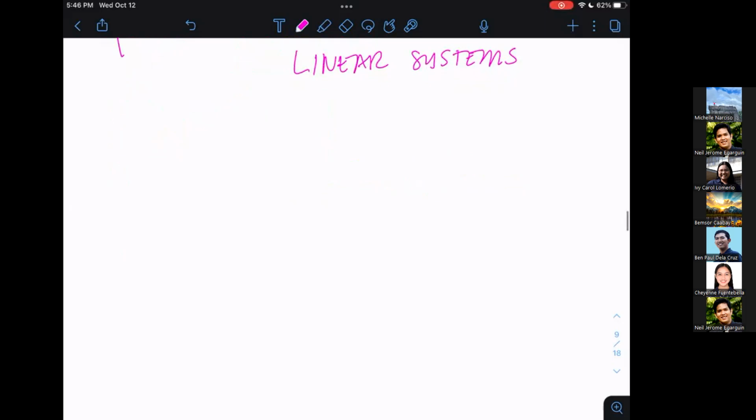systems. Now, if we assume that we have a square system, meaning we have the system AX equals B, where A is an n by n matrix. Okay, that means X and B are both n by 1 vectors, right? So n by n dapat n by 1 tapos n by 1 din yung kabila, all right?